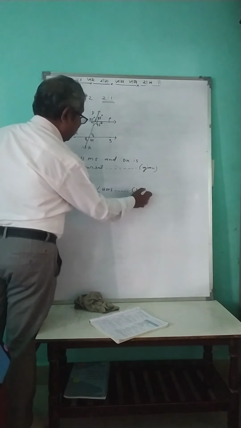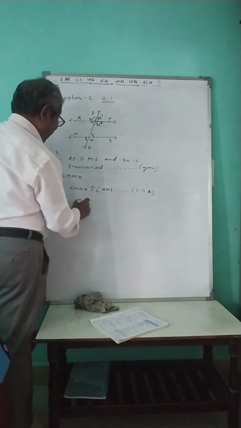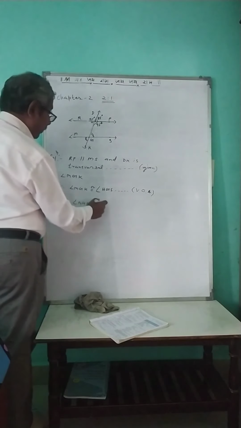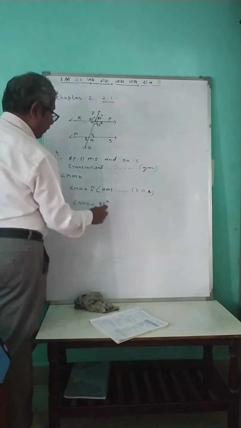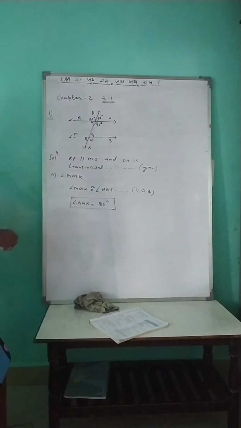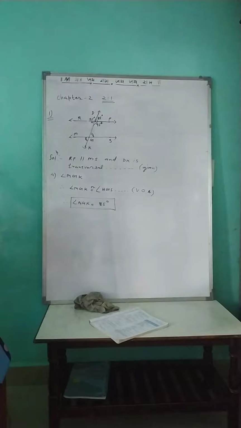Because it is the vertical opposite angle. Therefore, angle MGK is equal to what? 85 degrees, because we already found HGS is equal to 85 degrees. So this is also 85 degrees. Okay, so here we complete the first example. Now the second example.